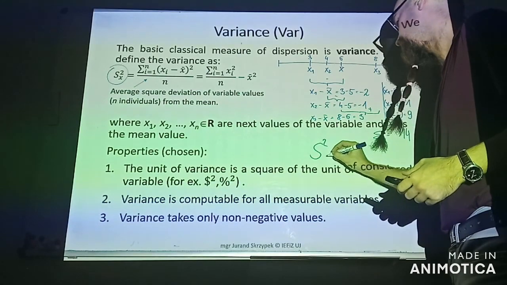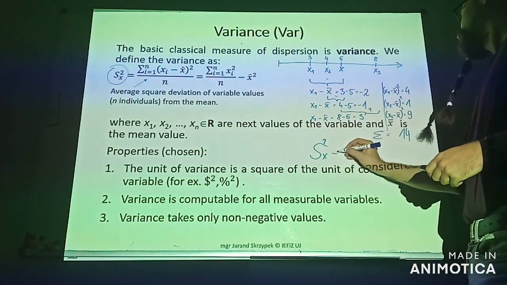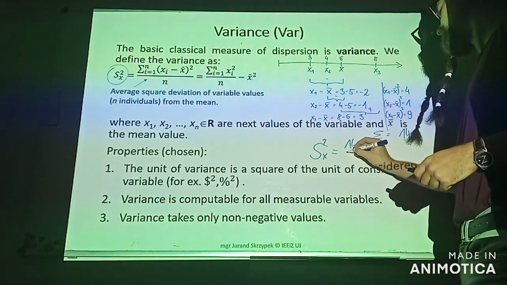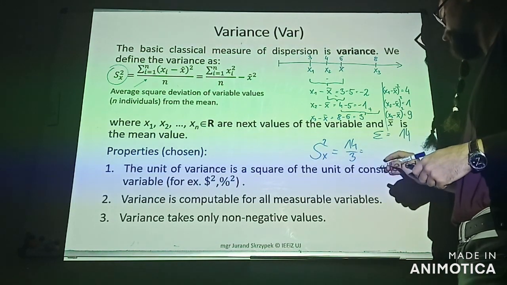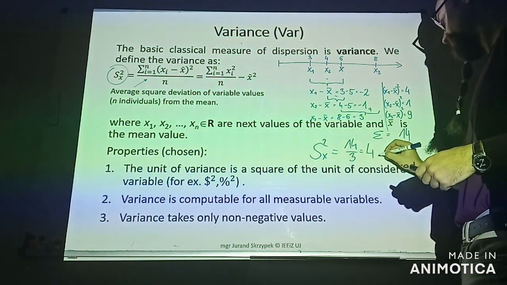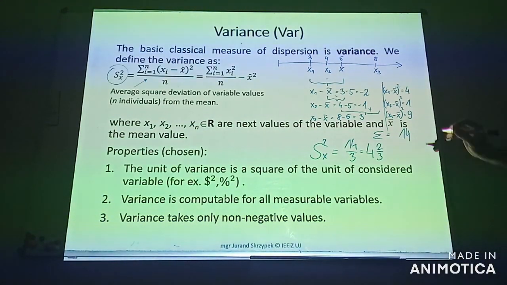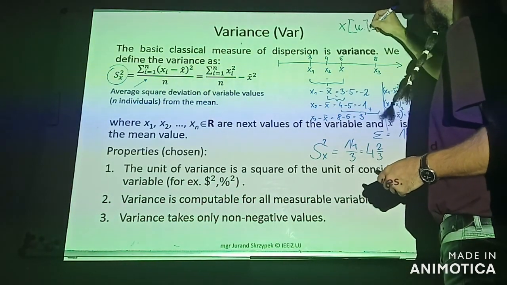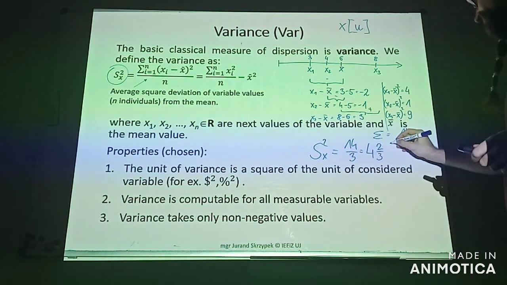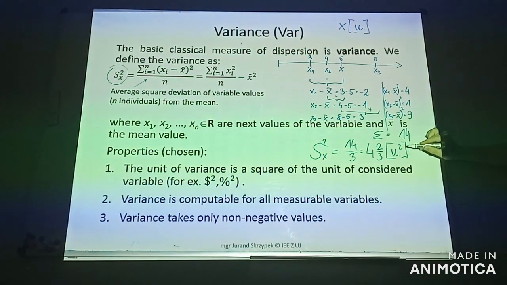So the variance of the variable x values is 14 divided by 3. So this is 4 and 2/3. If x is expressed in a certain unit, the unit of variance is units squared.